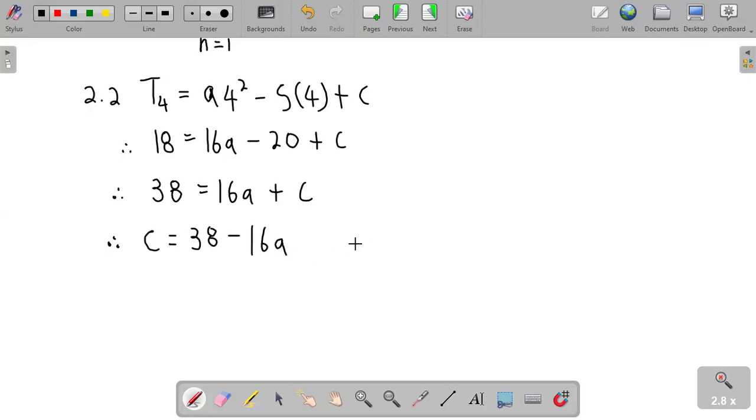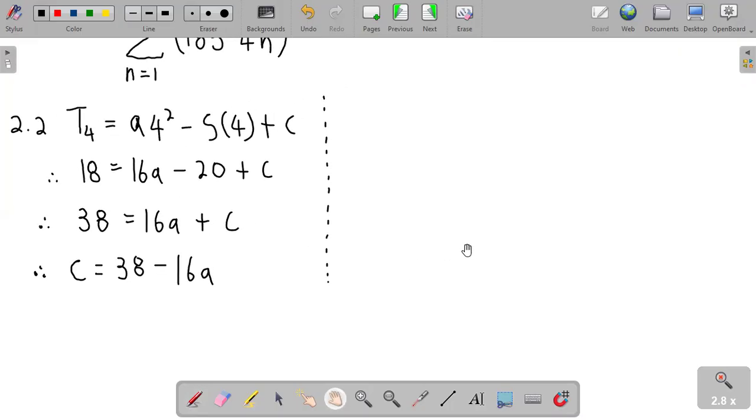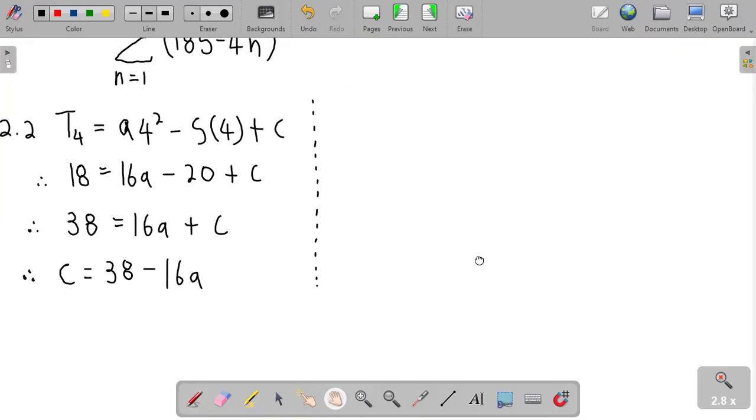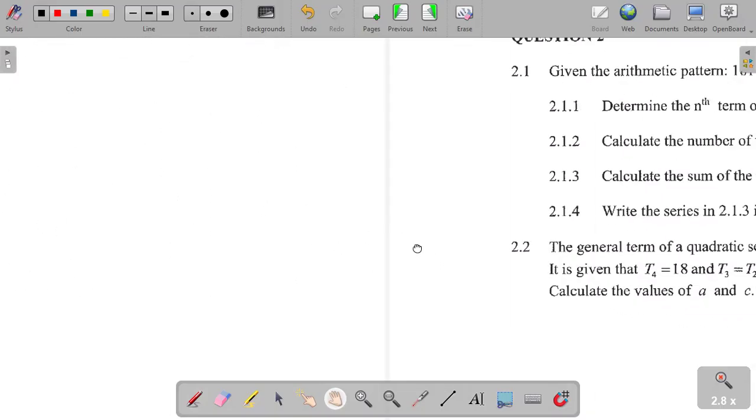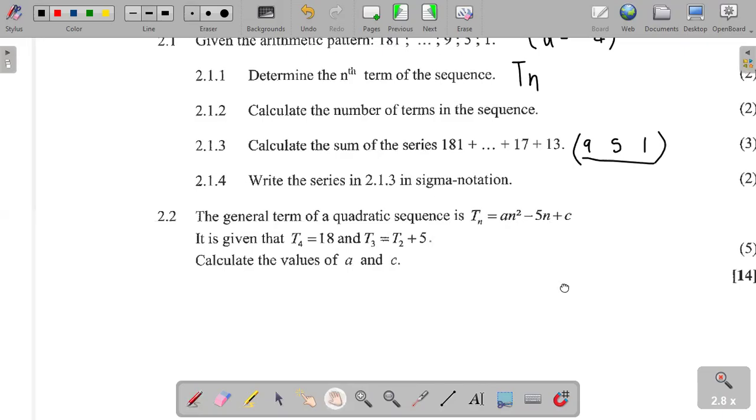You see, and then we can come and do T3. T3 is going to be a times 3 squared.